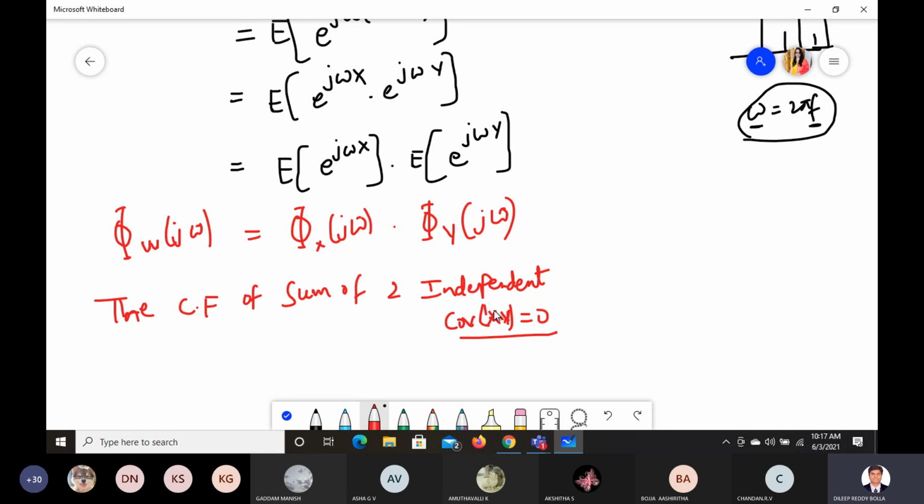The characteristic function of the sum of two independent random variables is equal to the product of the characteristic functions of the two independent random variables.